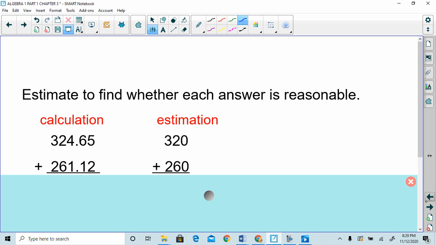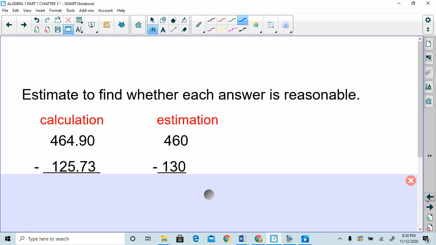Again, I'm rounding to the nearest tens, and I look to the right and I saw a 4, so that's 320. I'm rounding to the nearest tens and I see that I have a 1, so that gives me the 260. When I did the actual calculation, and then I looked at the estimate, well, definitely it's a reasonable answer. It's approximately equal to 580.